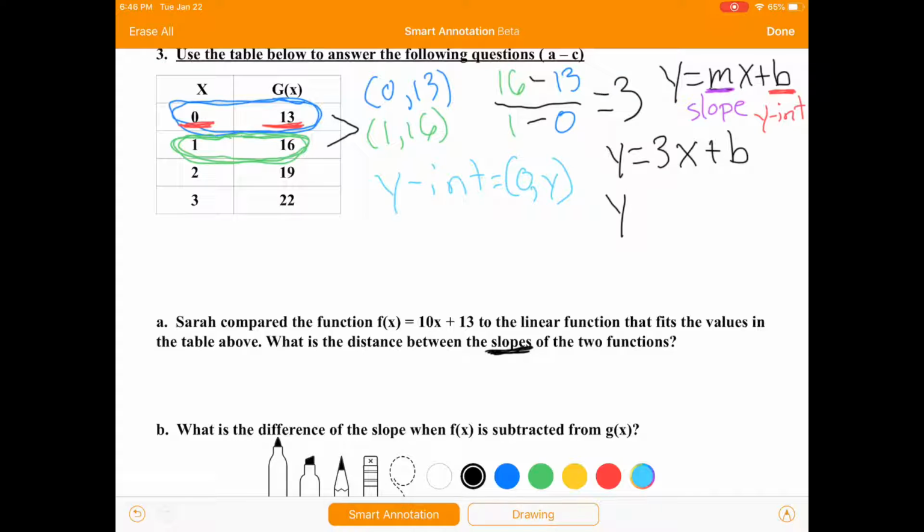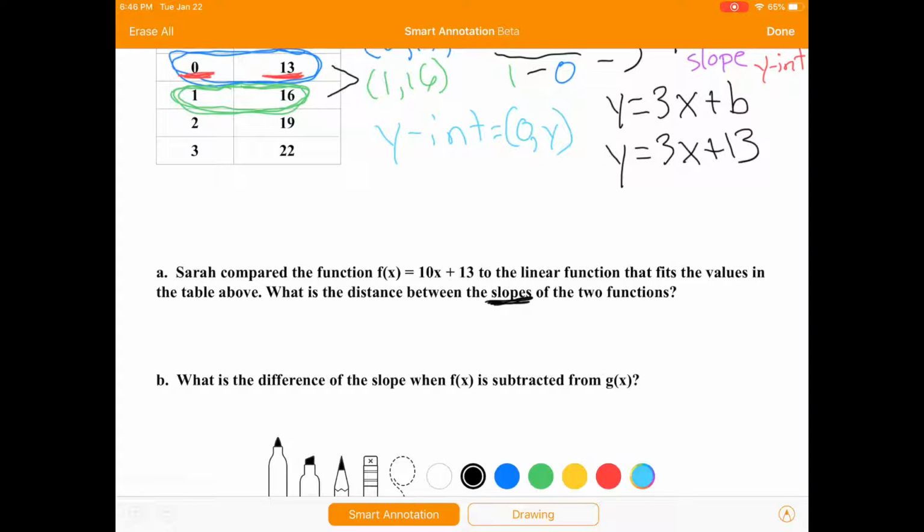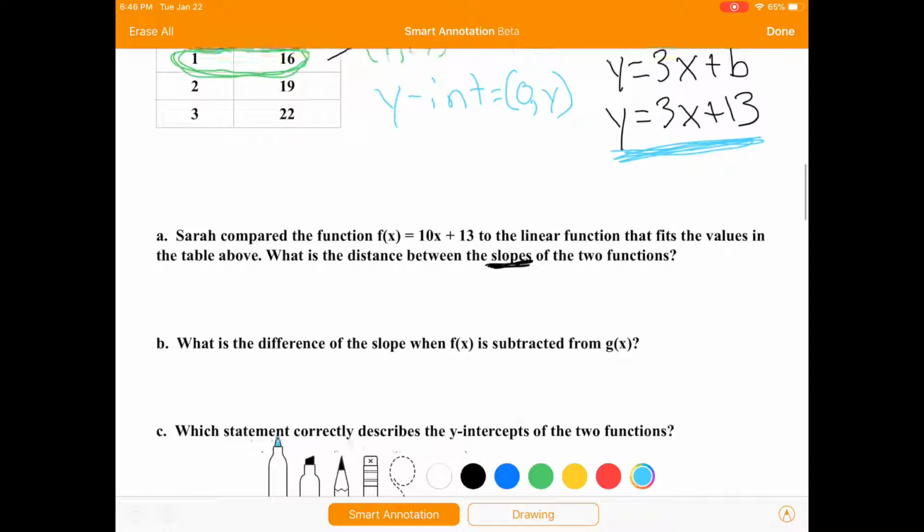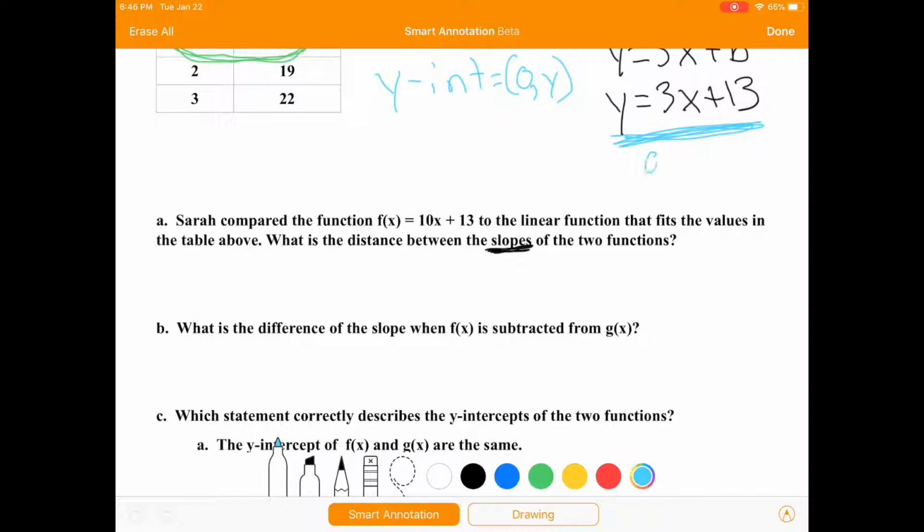Now we know our slope and our y-intercept, so we can write our formula, and now we've got it. Now we can compare our g of x to our f of x formula.